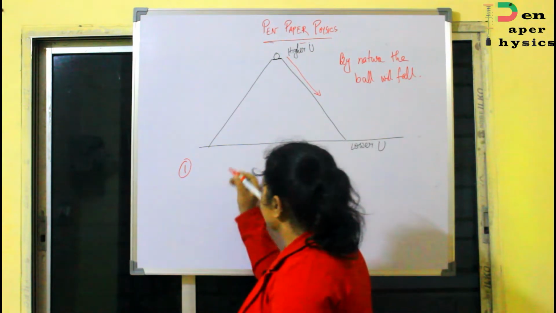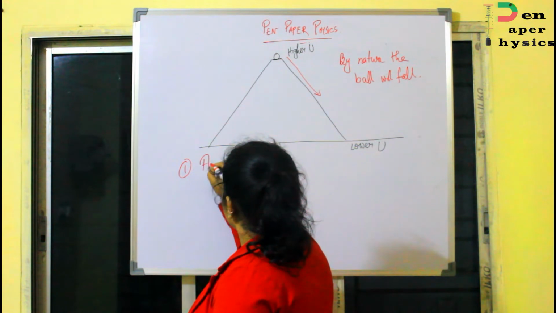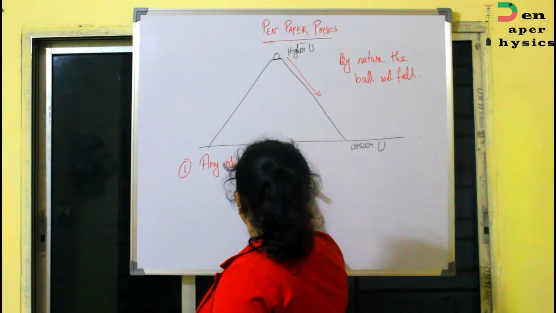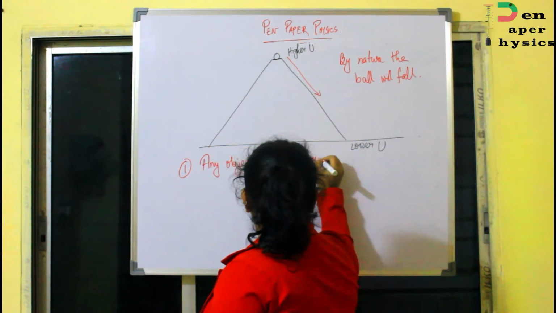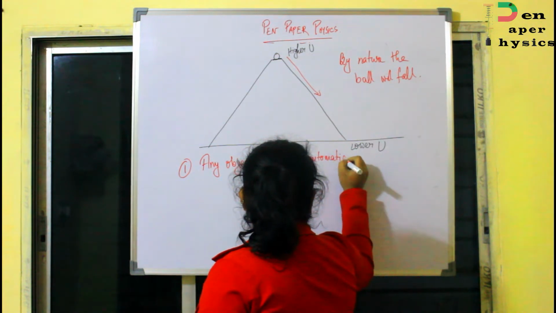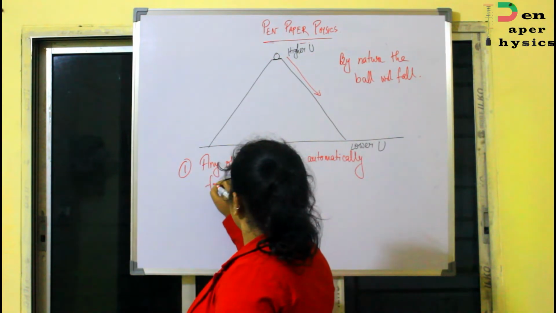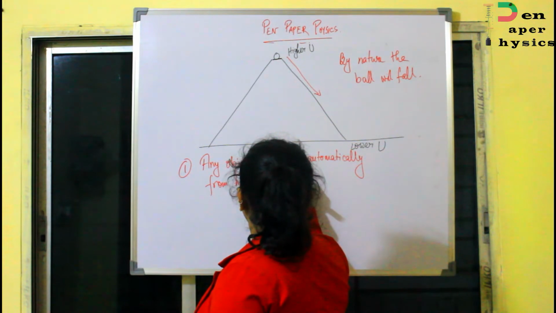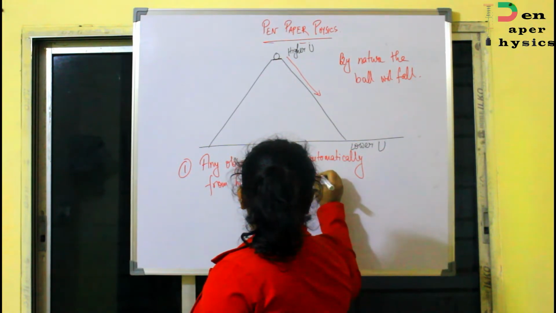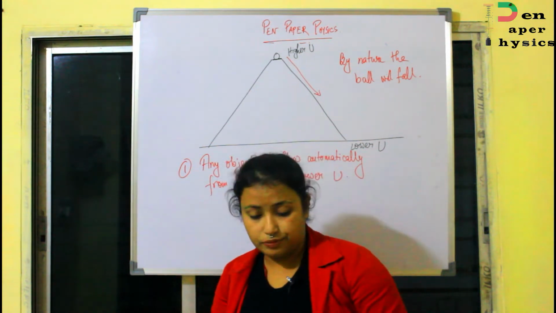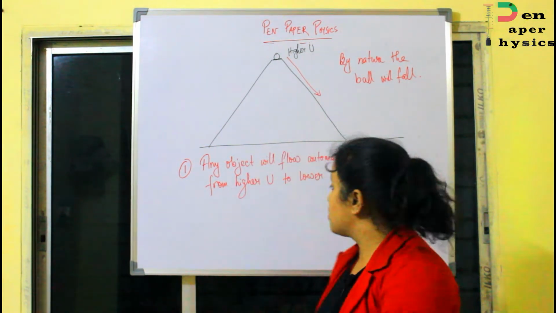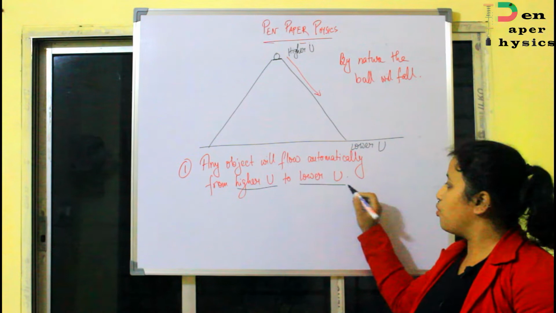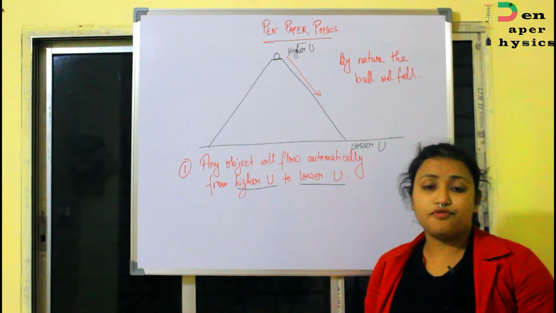Let me write it: any object will flow automatically from higher potential energy to lower potential energy. Clear? We don't need to give any kind of force to that.